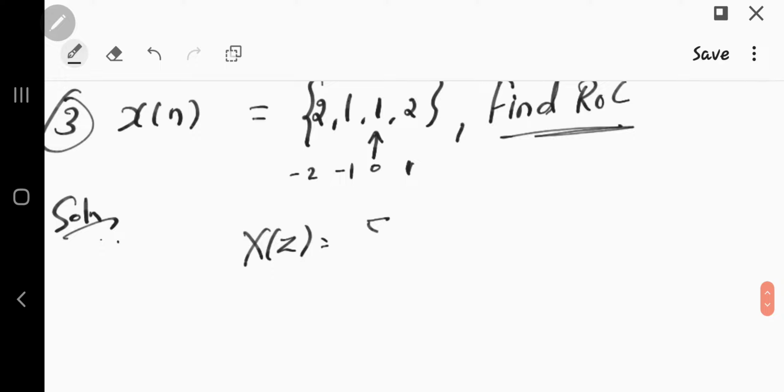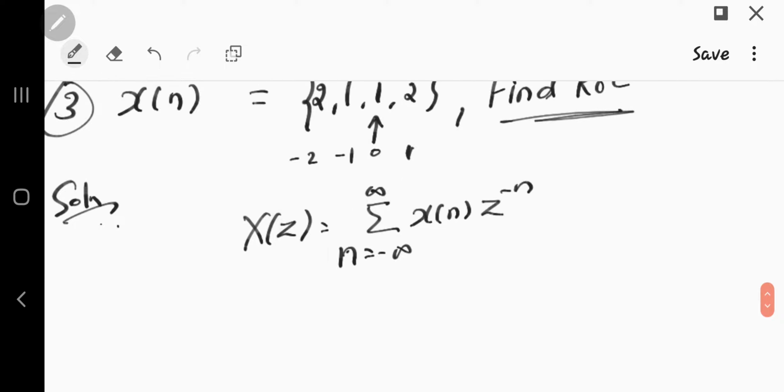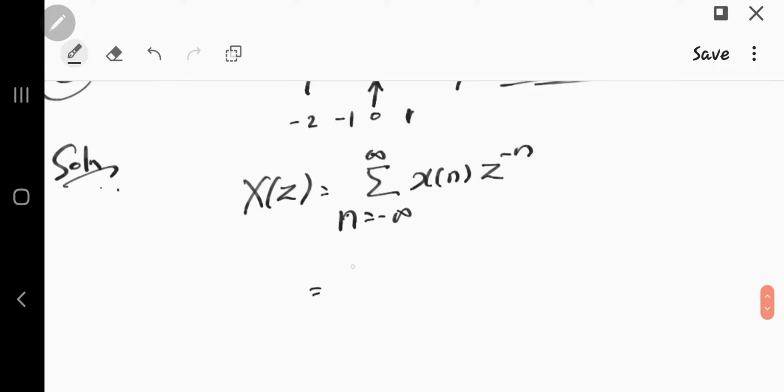Now x of z is equal to summation n is equal to -infinity to +infinity x of n z to the power of -n. So that gives summation n is equal to -2 to +1 x of n z power -n.